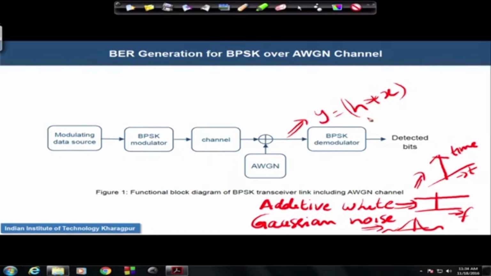Here h will be an impulse kind of channel behavior, so the convolution of an impulse response with anything gives the same signal. That means the output of the AWGN channel is the transmitted BPSK signal with noise added. This is given to the BPSK demodulator, which does the demodulation, and then we get the detected bits.